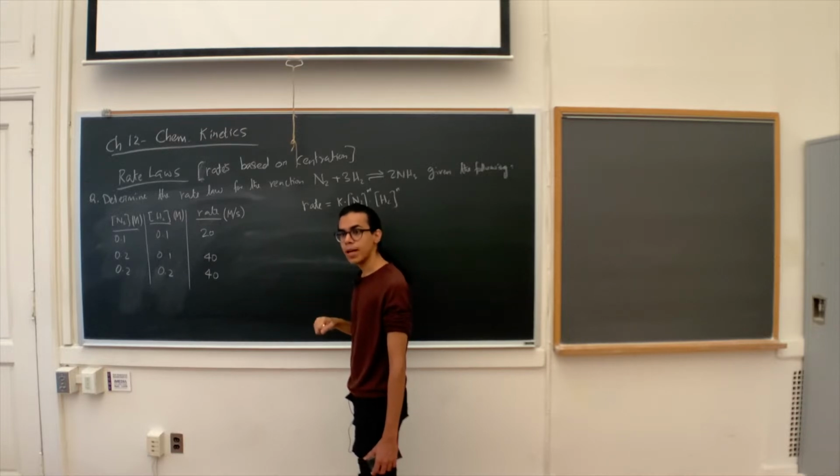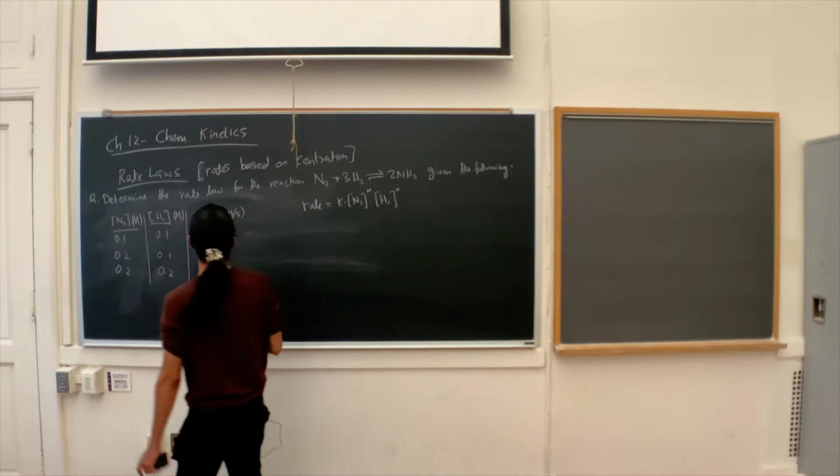How many unknowns do we have total to solve for? 3. And so how many equations would you need? 3. You always need the same number of equations as the number of variables for there to be a unique solution. Okay.